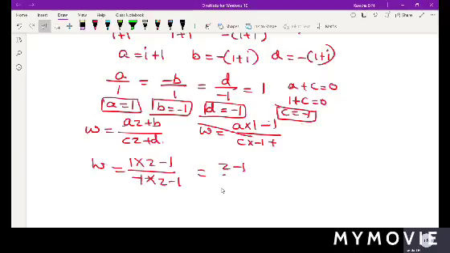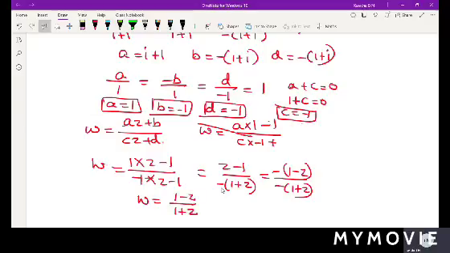So z minus 1, take minus common: 1 minus z, divided by minus common: 1 plus z. That means w is equal to (1 minus z) divided by (1 plus z). This is the required answer.